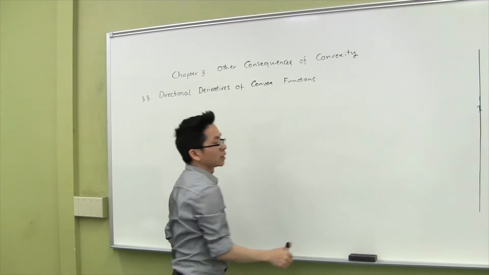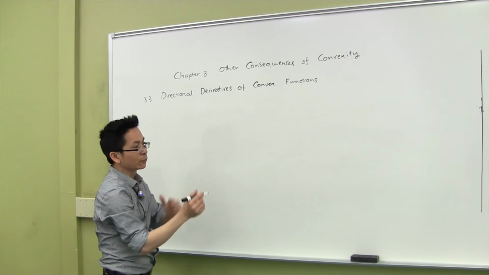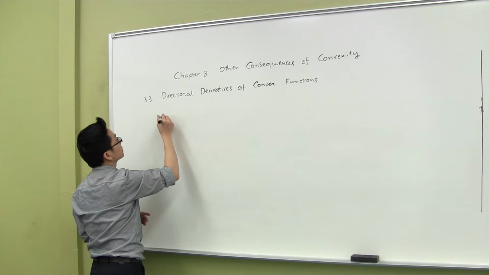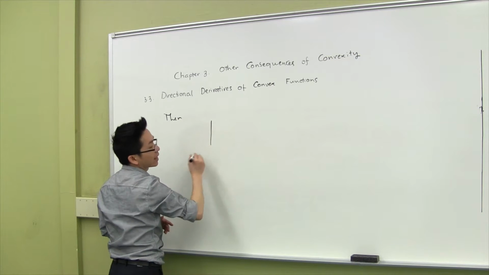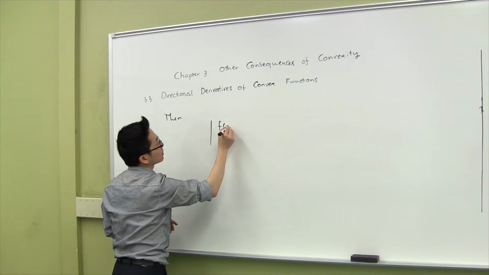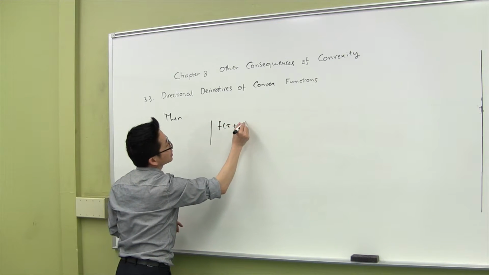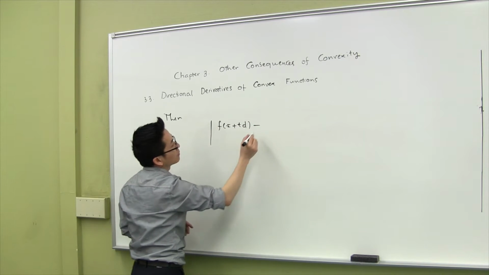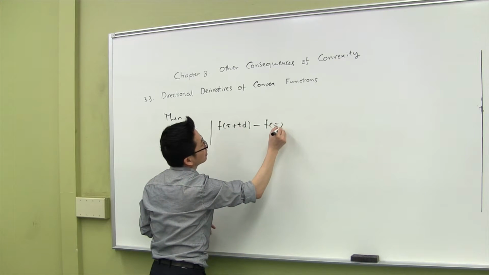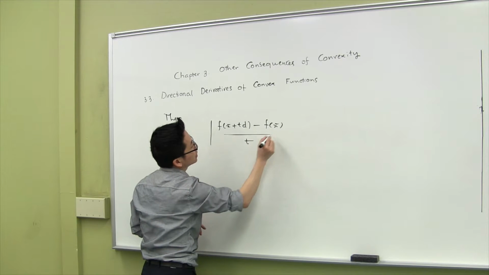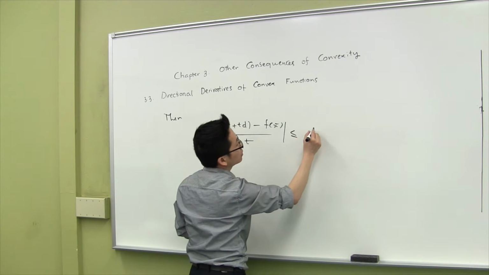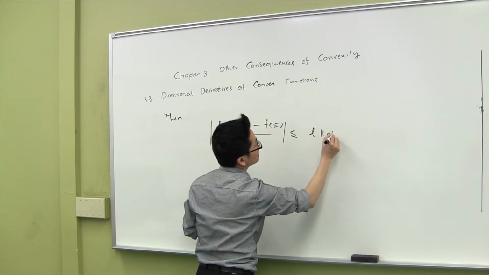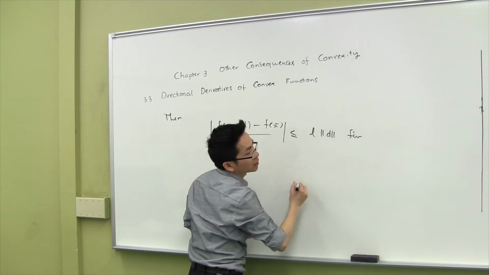Okay, so from that inequality we get the absolute value of f of x bar plus t times d minus f of x bar over t is less than or equal to L times norm of d for small t greater than 0.